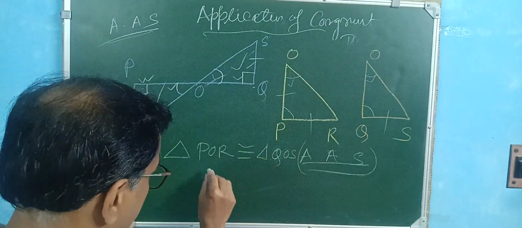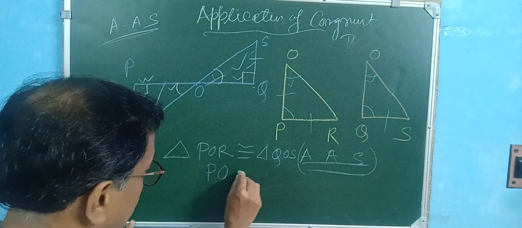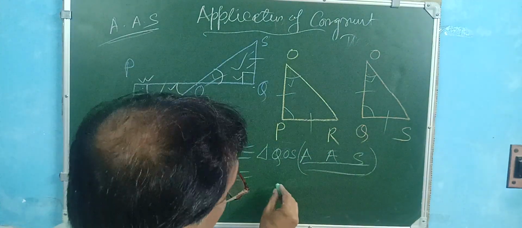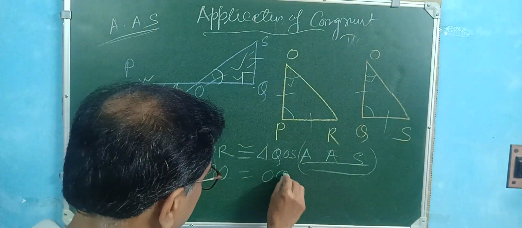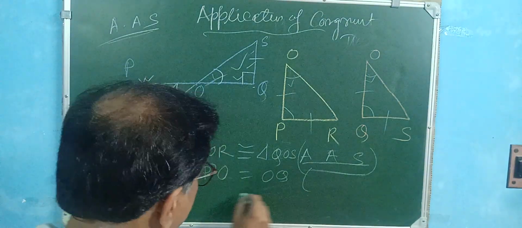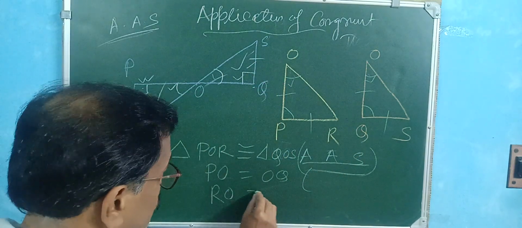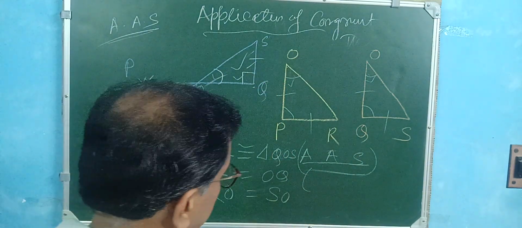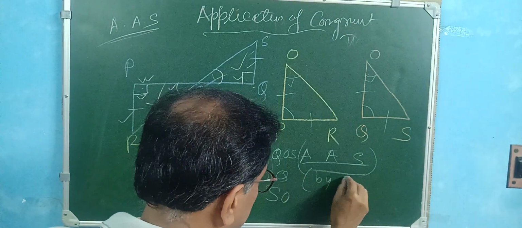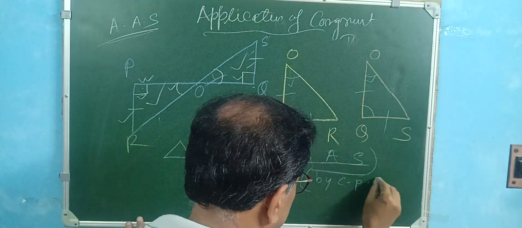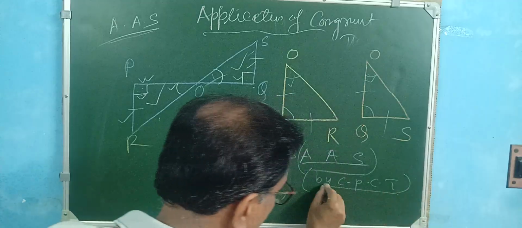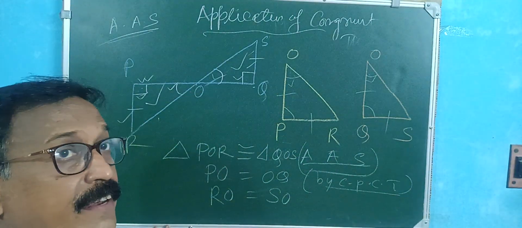So actually PO is equal to OQ and RO is equal to SO by CPCT. Congruent parts of the congruent triangles are equal.